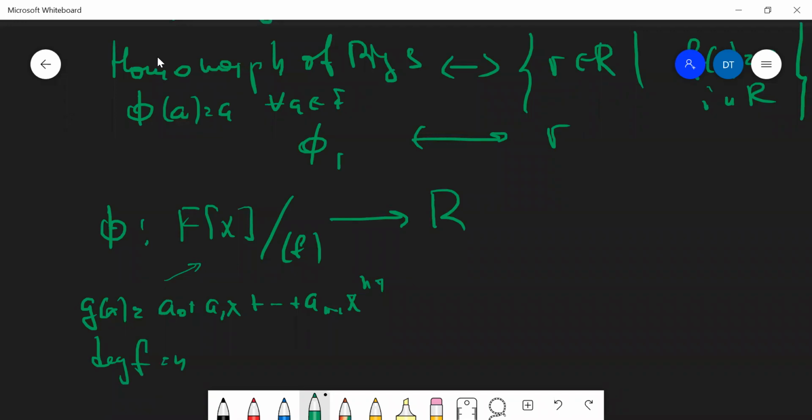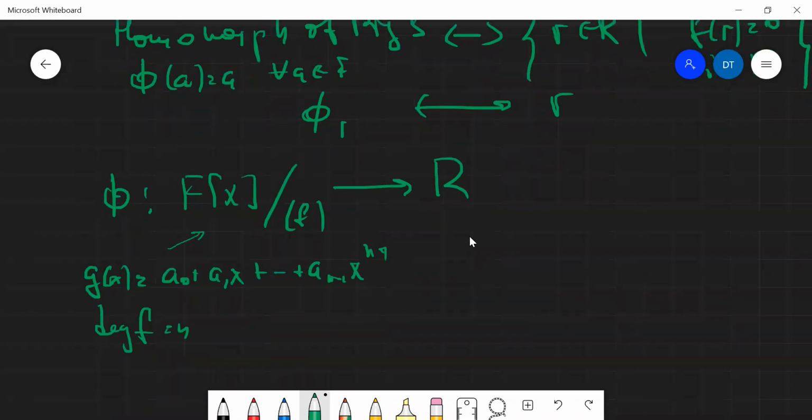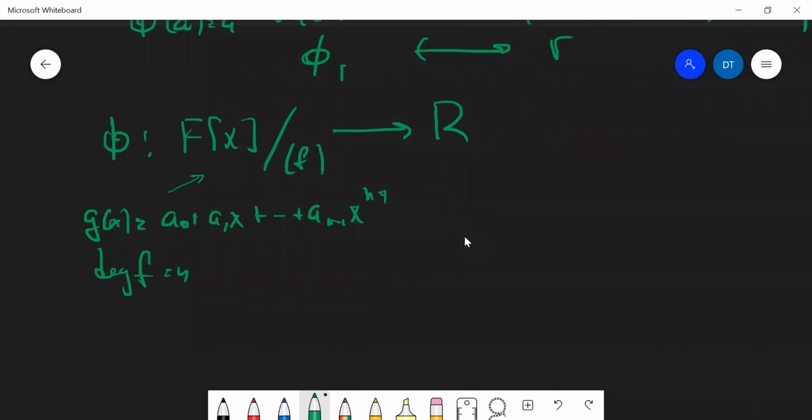Okay? Then when you apply a homomorphism phi to the element g, phi of g equals phi of a0 plus a1x plus and so on plus an minus 1 x to the n minus 1.